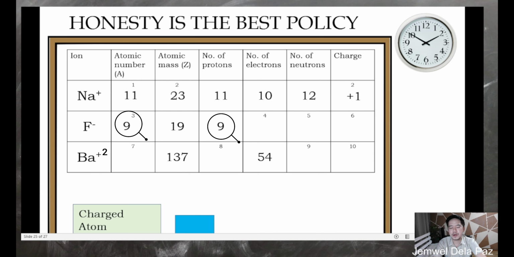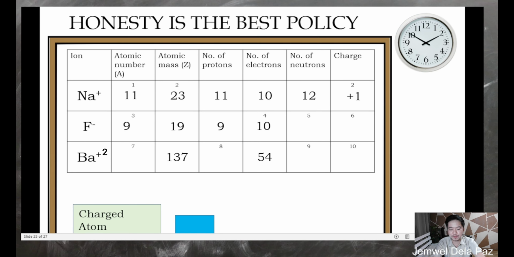How about the number of electrons? The number of electrons is 10. How did we get 10? As you can see in our table, fluoride ion is an ion.